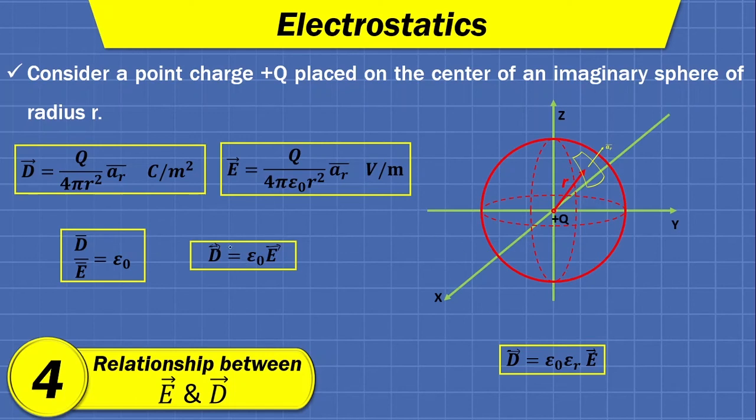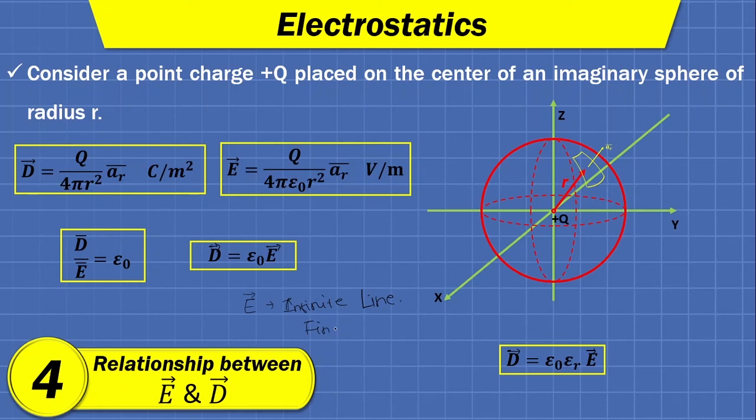Now what is the importance, or why is this relationship very interesting in the study of electrostatics? Because we have derived many equations of field intensity. Say we have derived the intensity due to infinite line charge, infinite sheet charge, finite line charge, finite sheet charge, ring charge, disc charge.